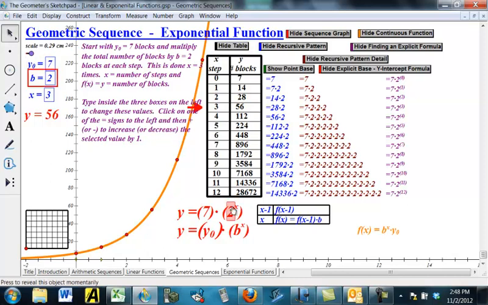The variable is in the exponent, so this is called an exponential function. So this type is named after the form of the formula, whereas linear was named after the form of the graph.